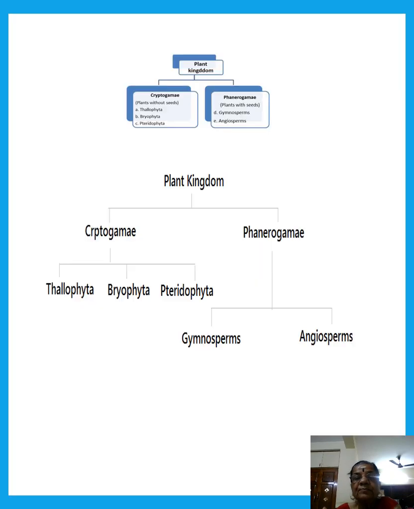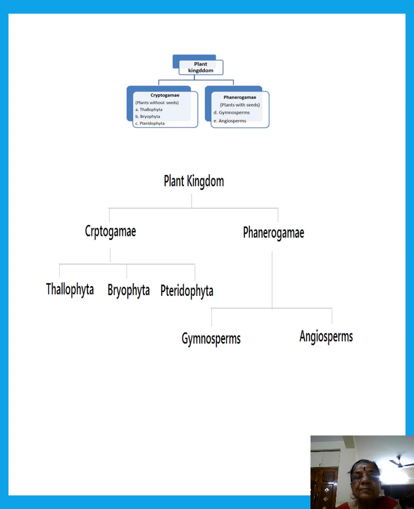The next one is the plant kingdom. Overall, the plant kingdom is classified into cryptogamy and phanerogamy. Cryptogamy are non-flowering plants. Phanerogamy, up to gymnosperm, are non-flowering but they produce seeds. So phanerogamy are seed-bearing plants.